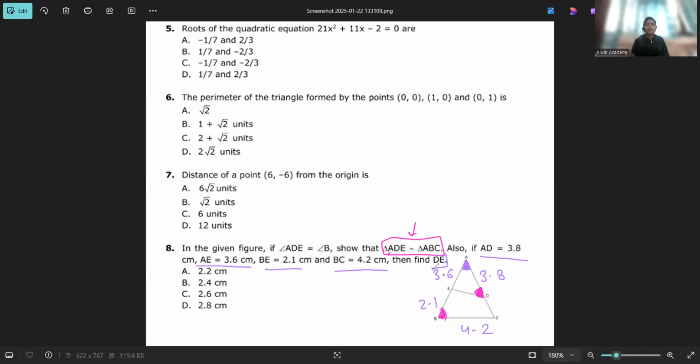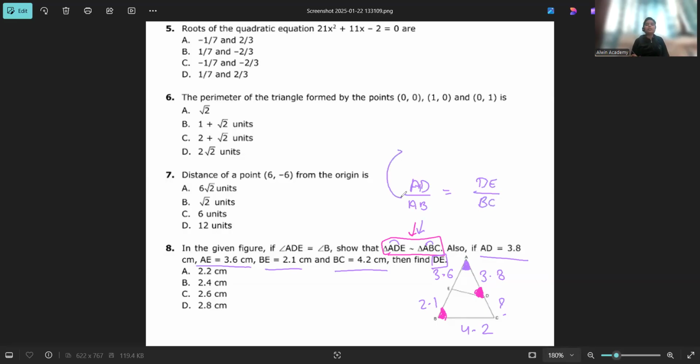Now I have to find DE, which is this length. Since this similarity has been just proven by us, I can use CPCT here, which would give me AD by AB. We can actually write this out looking at the similarity. So we have AD here, so we'll take AB here. AD by AB is equals to DE by BC.